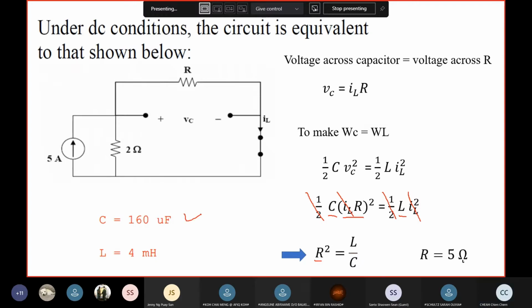You can check that this is equal to 25, right? Because it's R squared, the square root gives you 5 ohms. This means that if you put this as 5 ohm, then it is possible to make the energy stored in both of the energy storage elements equal at DC conditions.